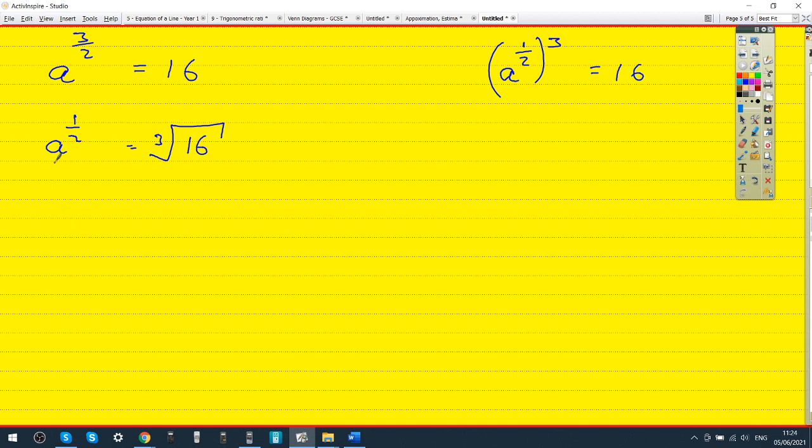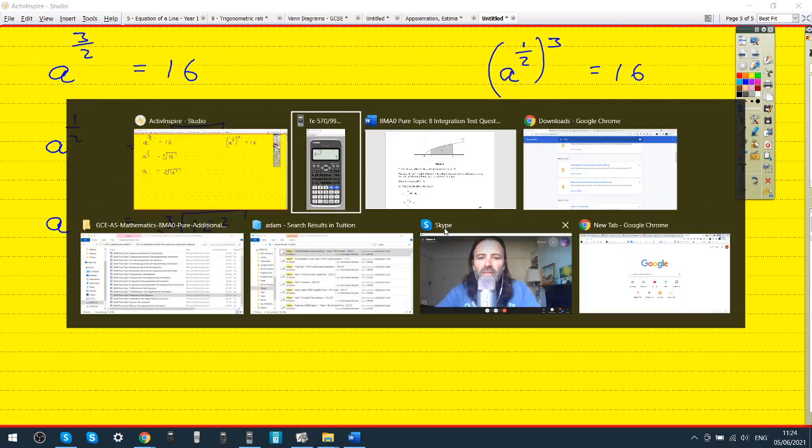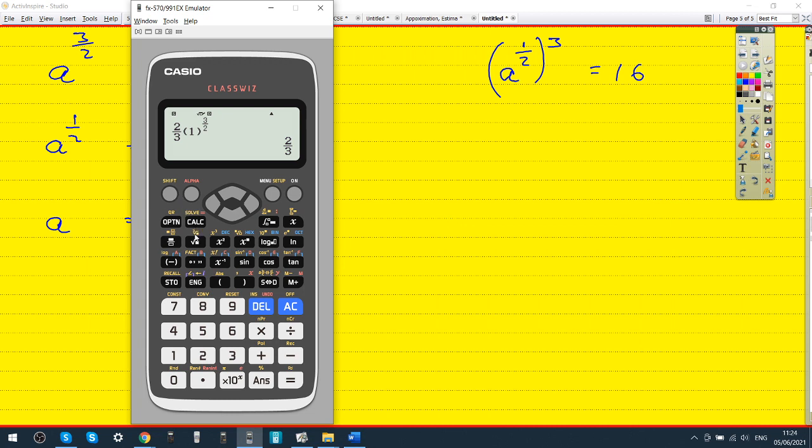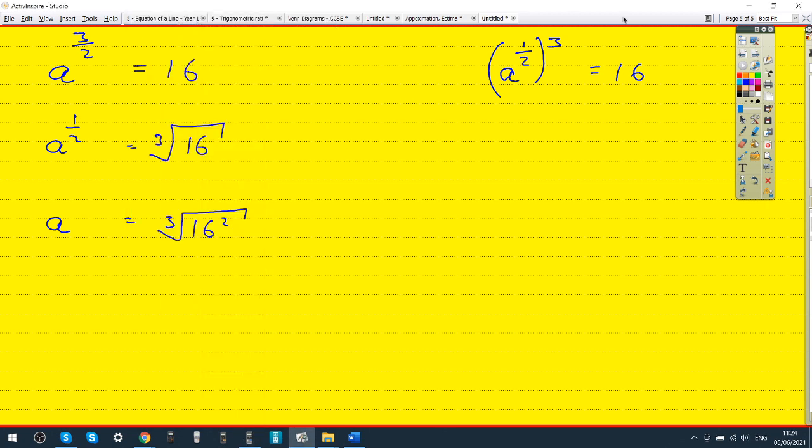And then you can just root by a half, square both sides. I think that's the same as the half root. So square both sides. So let's say 16 squared, and the cube root of that. Cube root of 16 squared. All right, 6 point something.